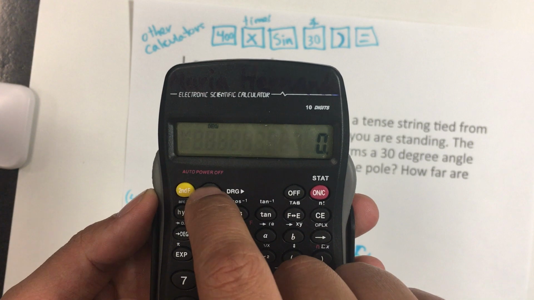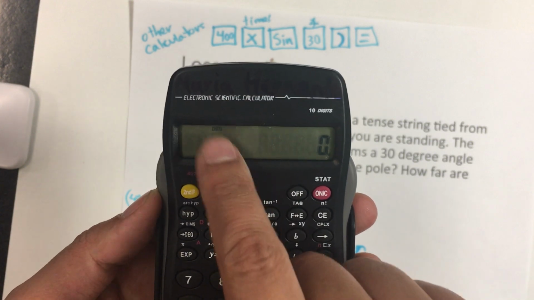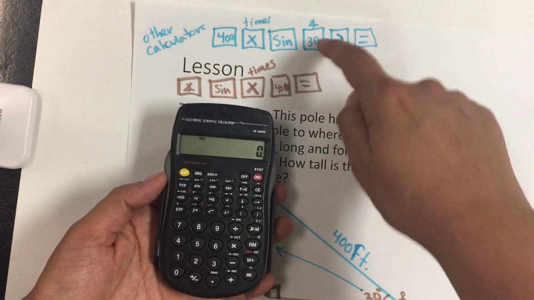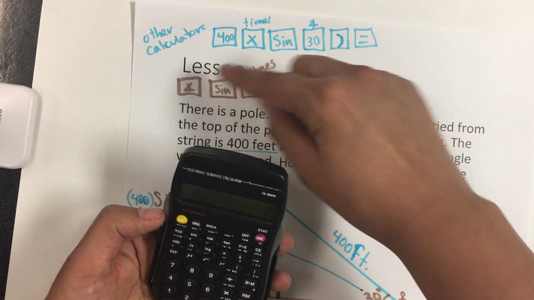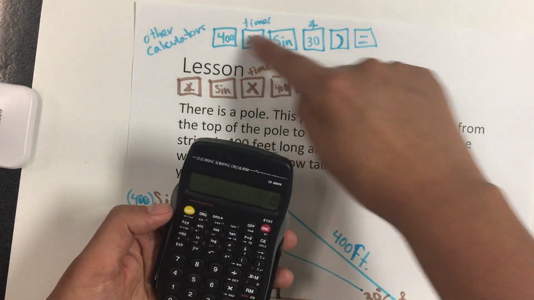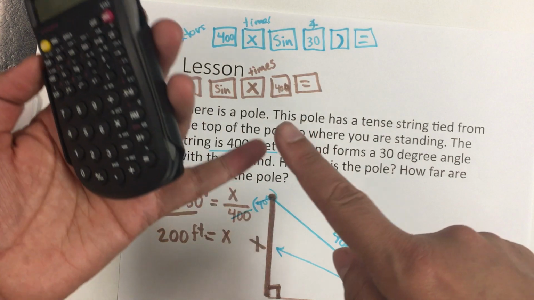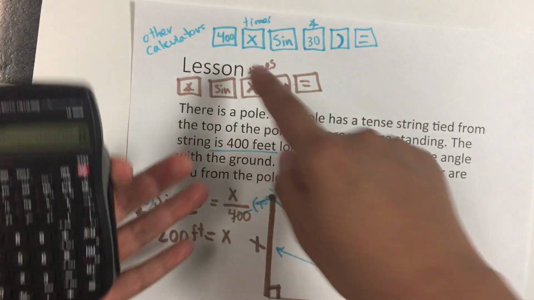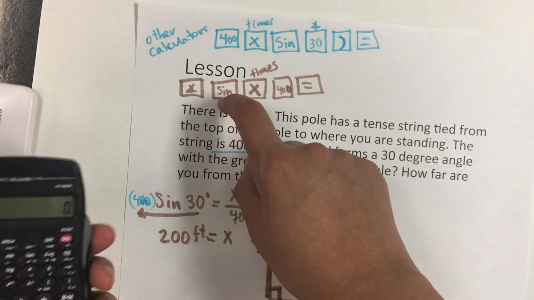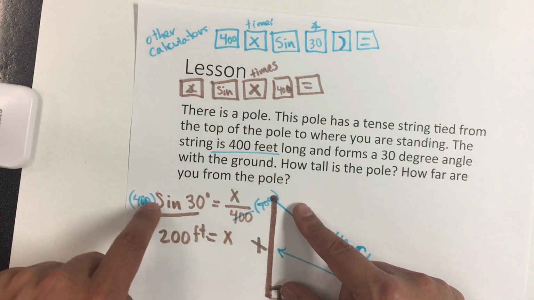If it says grad or rad, you're not going to get the right answer. So that's the first thing that you need to do. Then try to see which one is, and then go with that one. If it's backwards, then use this one. If it's correct in the right order, then use this one. And always stick with that one, either for tangent, sine, or cosine, okay? It's going to be the same order. Instead of backwards, you are going to go this way. Don't forget the times though.